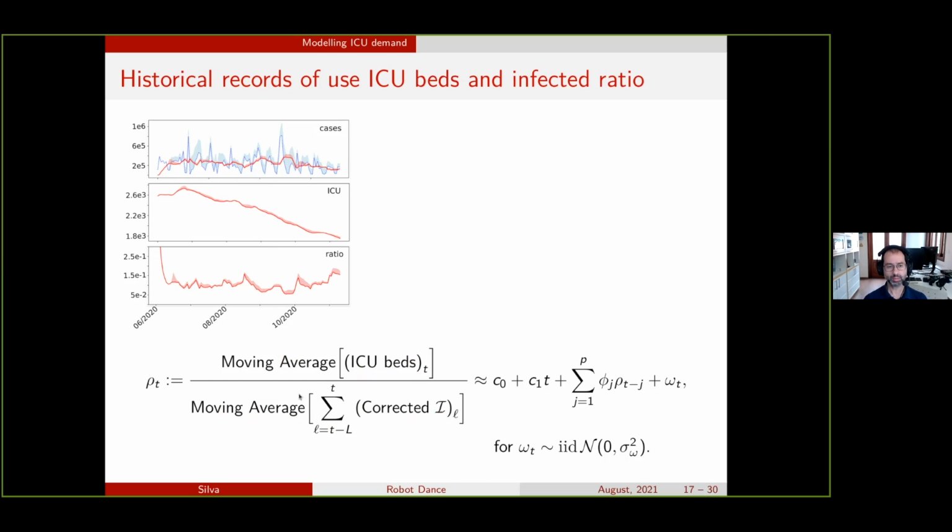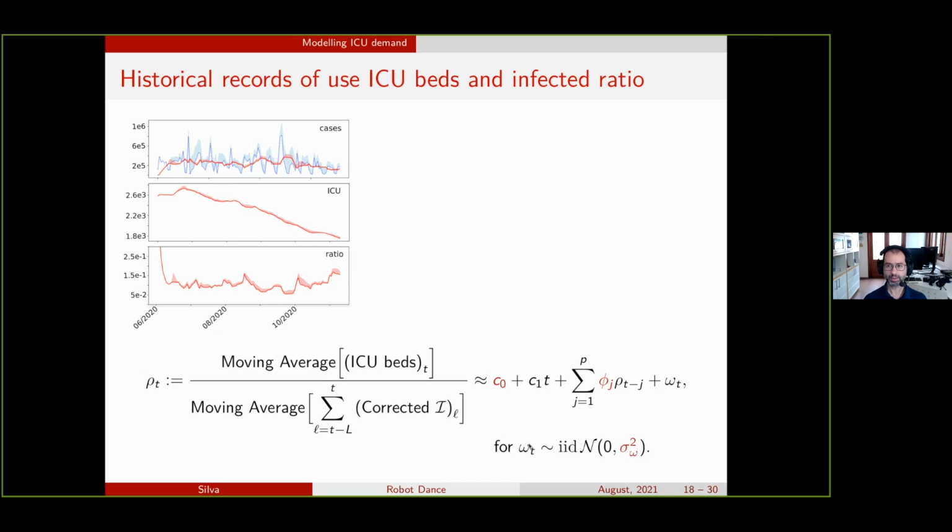And then we assume that this rho of T is a time series that can be modeled like this. It's an ARIMA model, okay? And the stochasticity, the randomness, comes from this normally distributed random noise, okay?